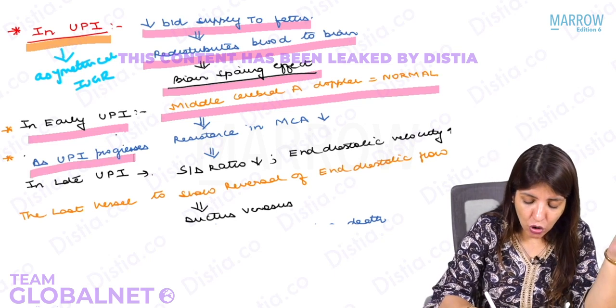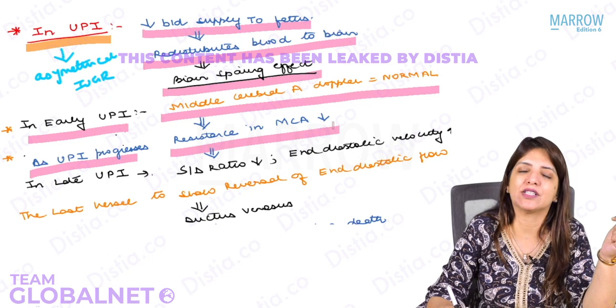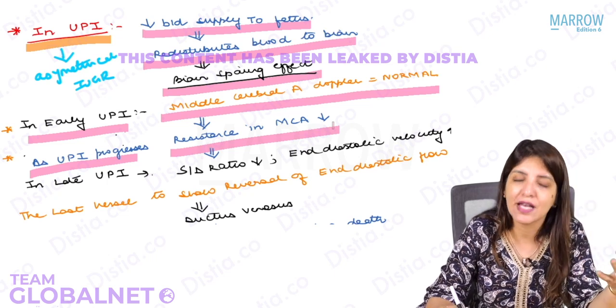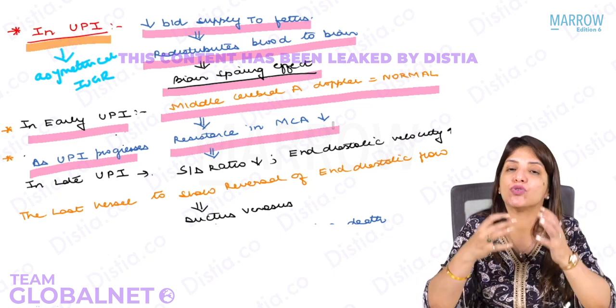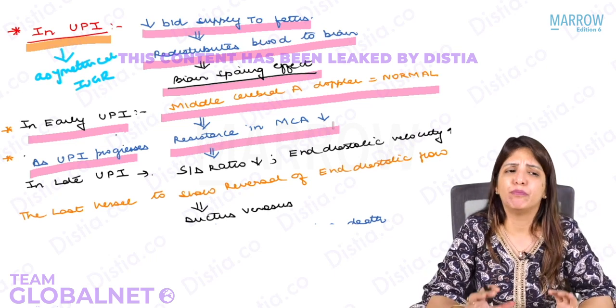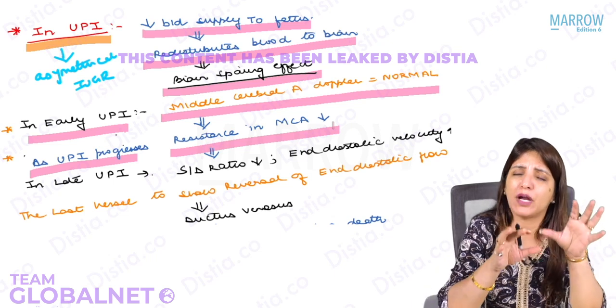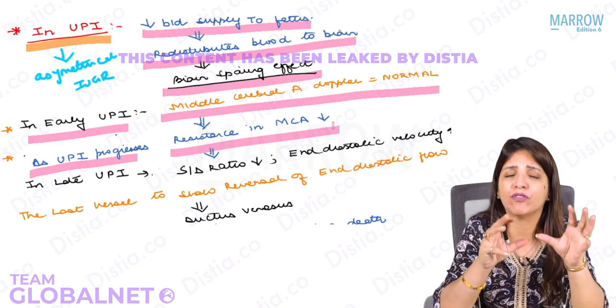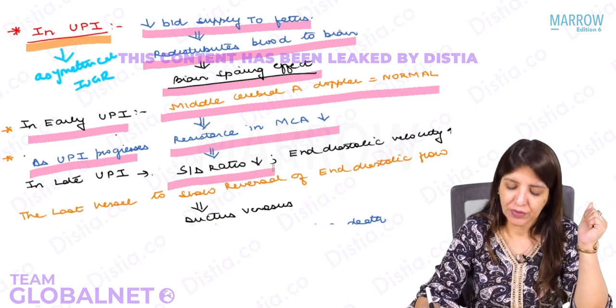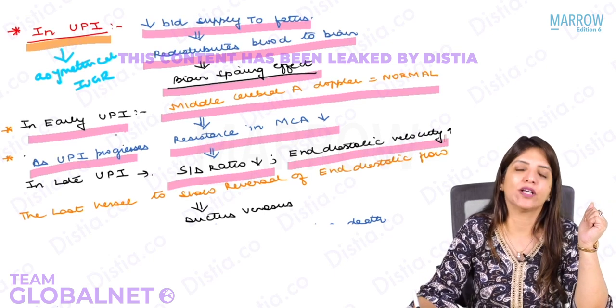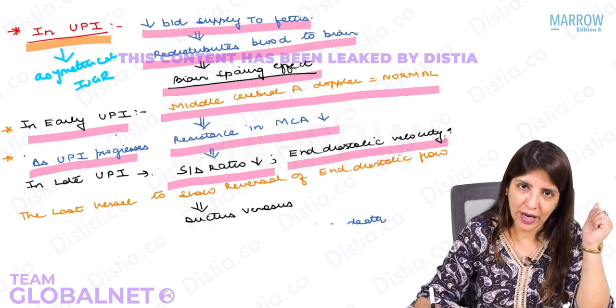It is later on, as uteroplacental insufficiency progresses, that the middle cerebral artery's resistance is going to decrease further. Now the fetus will try to send more blood to the brain, and the resistance of the middle cerebral artery will decrease. So the SD ratio will decrease or the end diastolic velocity will increase, right?